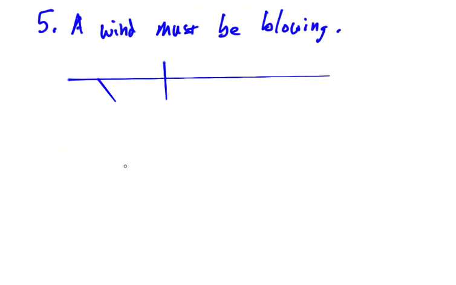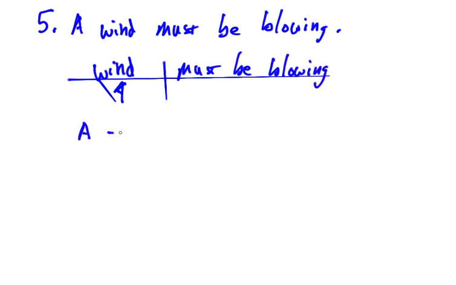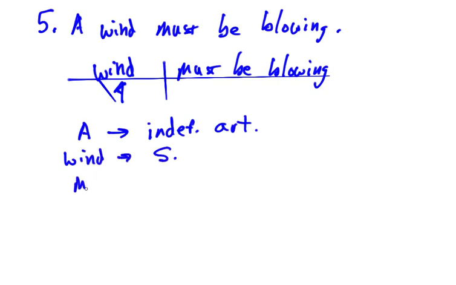Okay, number 5. A wind must be blowing. A wind must be blowing. Alright, so our legend, we have the indefinite article, wind, subject, must. Remember this one? It's modal.